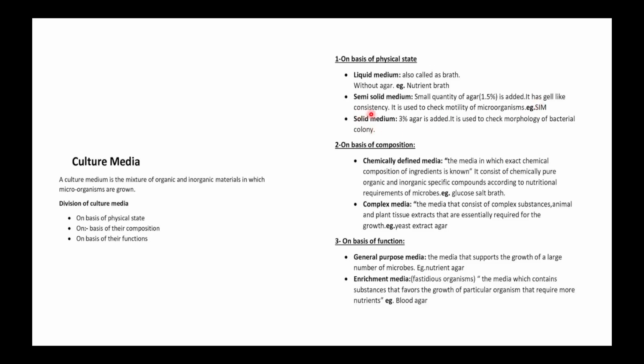And sometimes when you want to check the motility of microbes, for example in the case of a worm like Caenorhabditis elegans, there are certain laboratories which check the feeding habits of C. elegans.